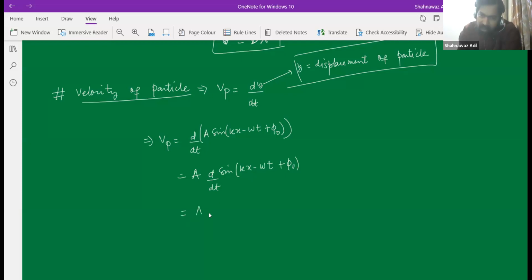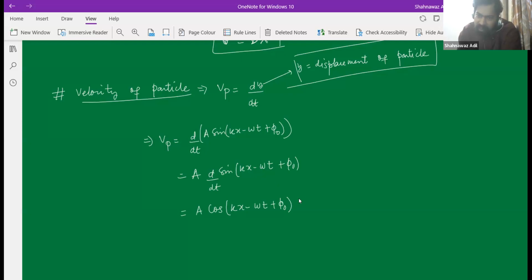This would be A, and the derivative of sine is cos(kx - omega t + phi naught), right? And if we take the differentiation of the inside, the kx is 0, but we will get this omega, right?